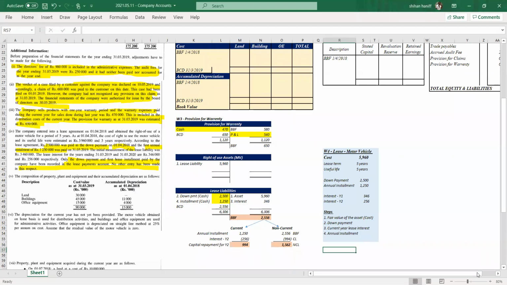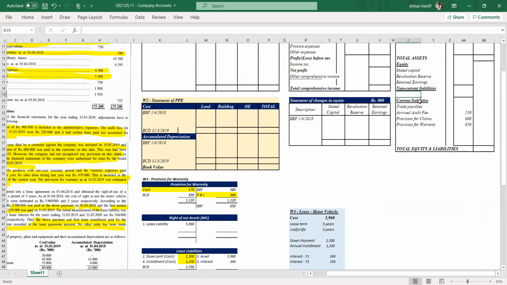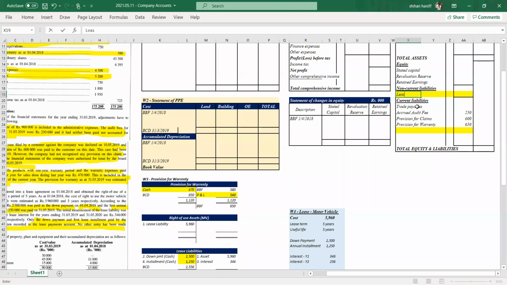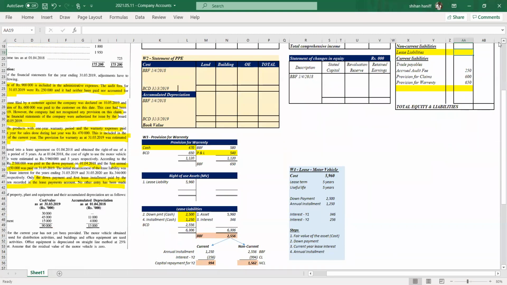Right, so in your statement of financial position, non-current liabilities, non-current is 1,562.